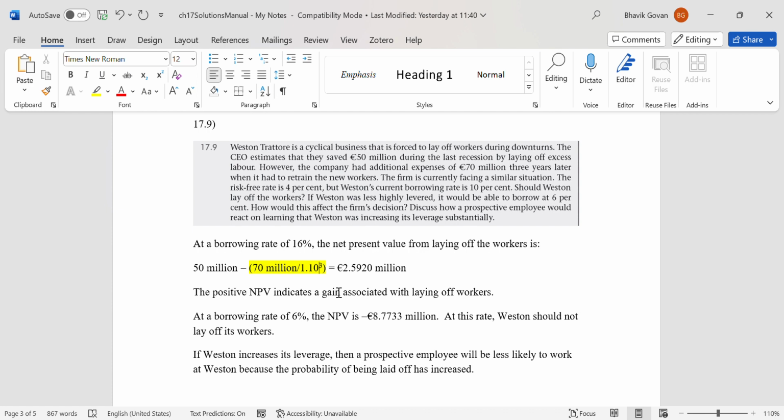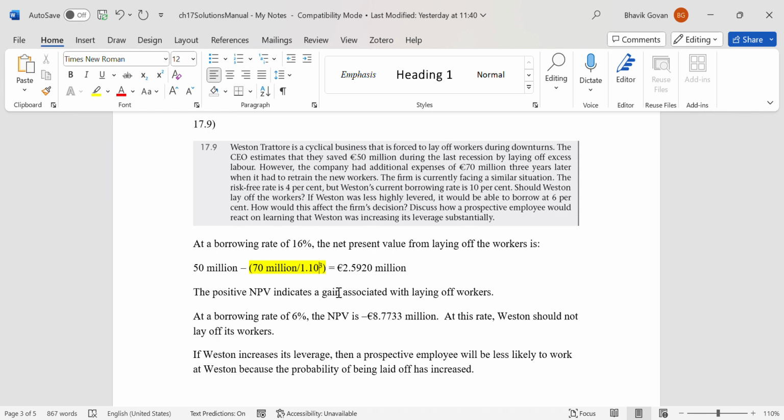At a borrowing rate of 6%, your net present value actually becomes negative. So at this rate, the company should not lay off its workers. It's worth it for them to keep them on and keep paying them wages, which they would finance using debt.